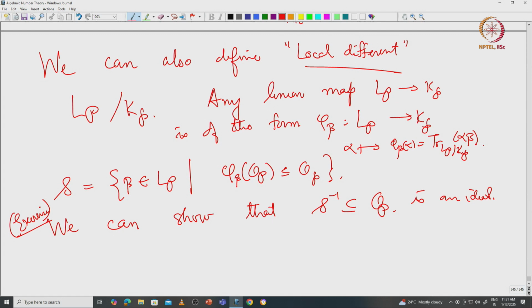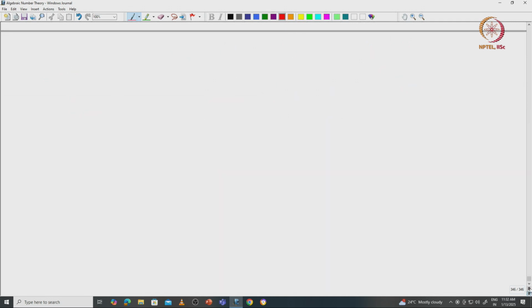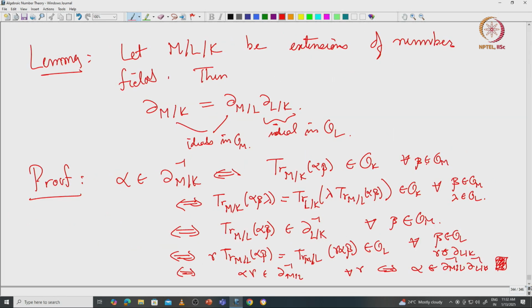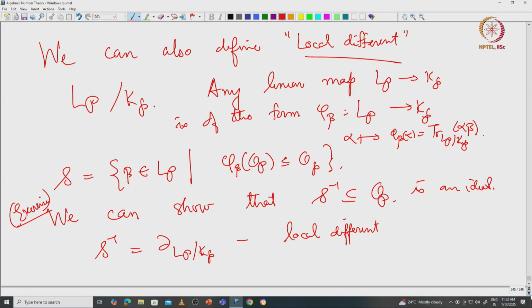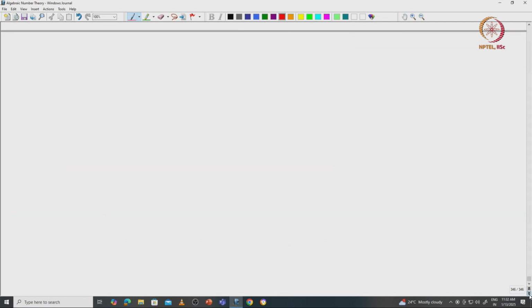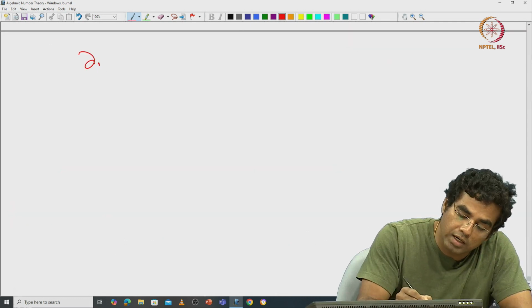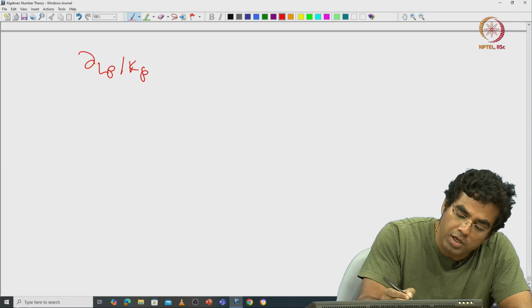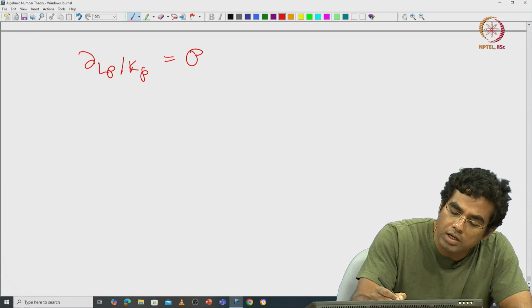So, S inverse you denote by the different of LP over KP. So, this is the local different. All right. So, that is the definition of the local different, and now here is a subtle point. So, this means that the different of LP over KP is equal to P to some power.